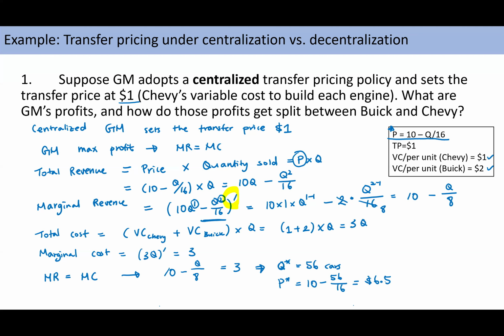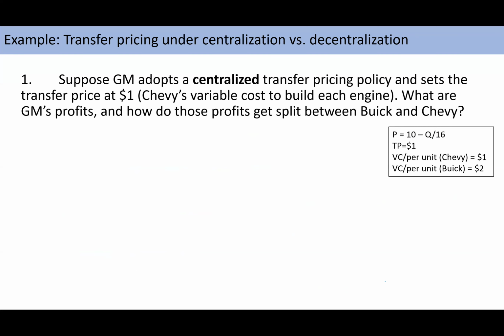So now let's look at what the profit would look like, given the number of cars that we'll be selling and the selling price, starting with Buick. Buick is the one that buys the engine from Chevy and sells it to the market. The market price would be set at $6.5.